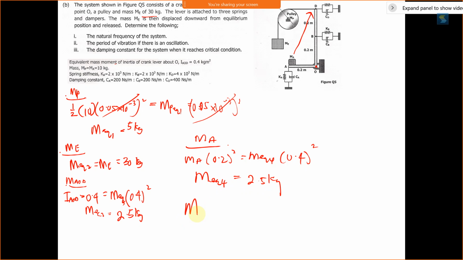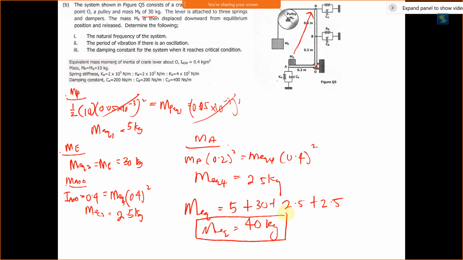So M total equivalent must be 5 plus 30 plus 2.5 plus 2.5. So M equivalent equals 40 kilogram.